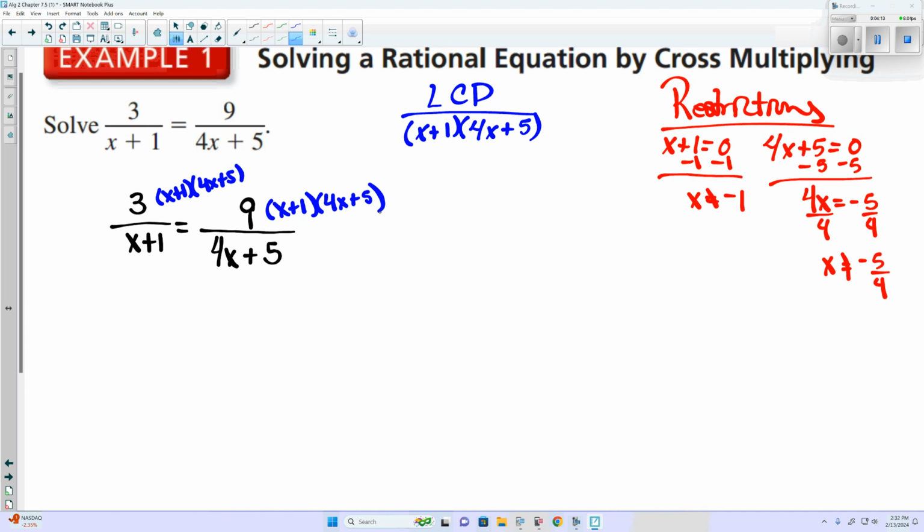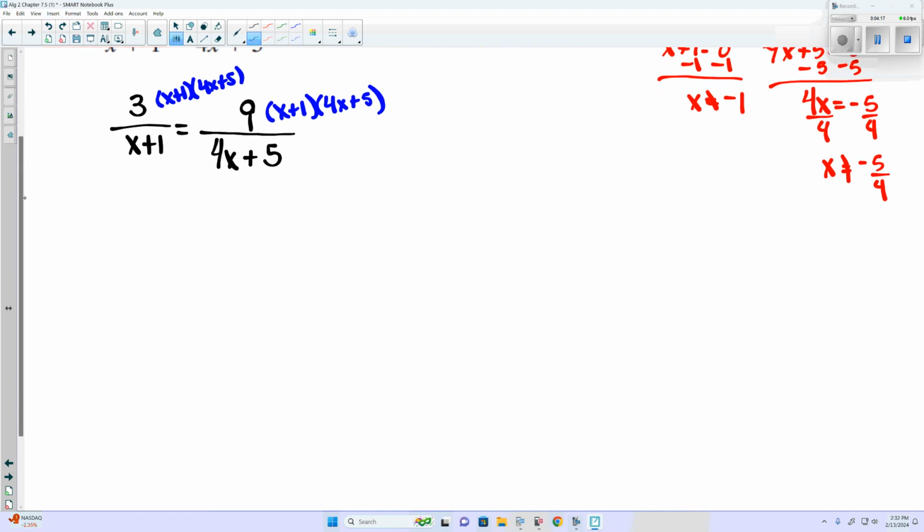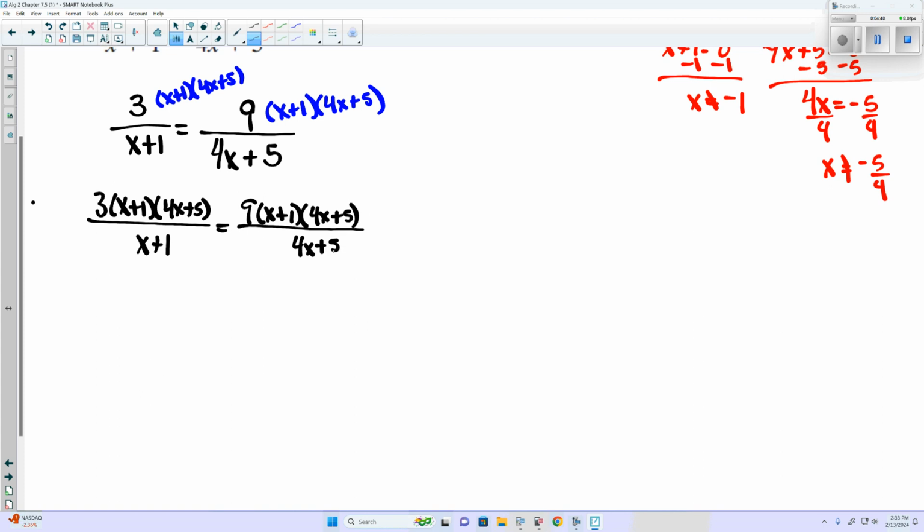We're going to multiply our 9 over 4x plus 5 by our x plus 1 and 4x plus 5. When we do this, we get 3 times x plus 1 times our 4x plus 5 over x plus 1 equals. We'll do the same thing with 9. We have 9 times our x plus 1 times 4x plus 5 over 4x plus 5.